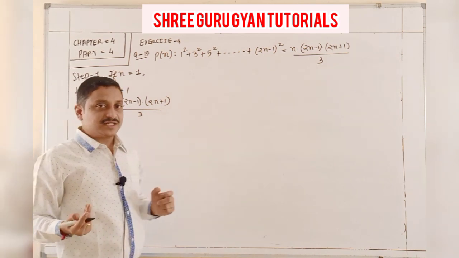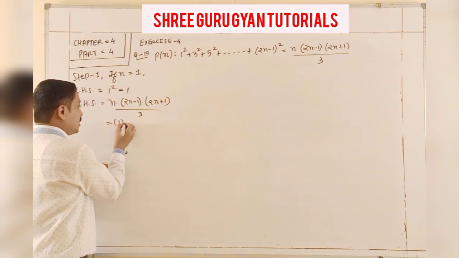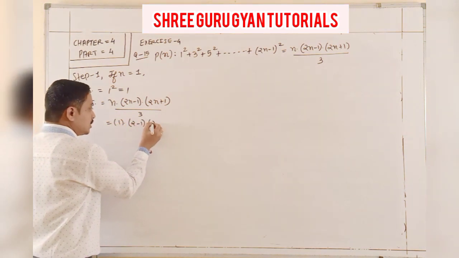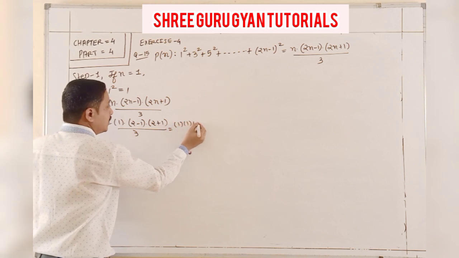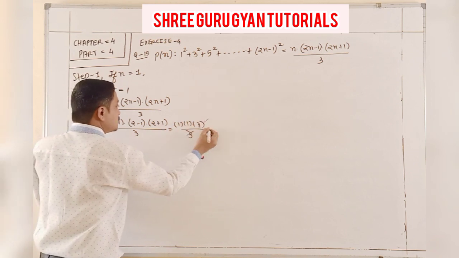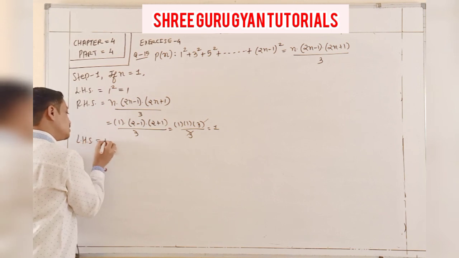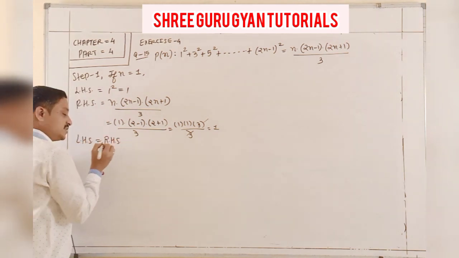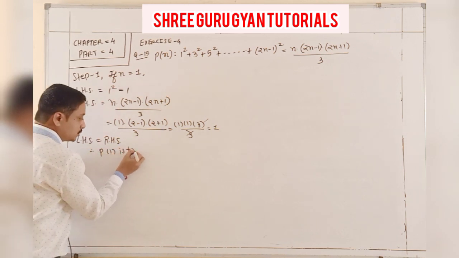Now apply n is equal to 1. You get 1 times (2 minus 1) times (2 plus 1), which is 1 times 1 times 3 by 3. It's 1 only. So LHS is equal to RHS. It means P1 is true.